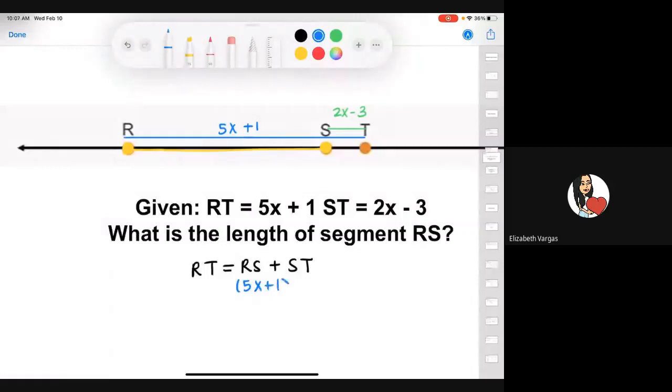We know that RT is equal to 5x plus 1. We're looking for RS. And we know that ST is equal to 2x minus 3. Now we want to isolate RS to find what the missing length is.